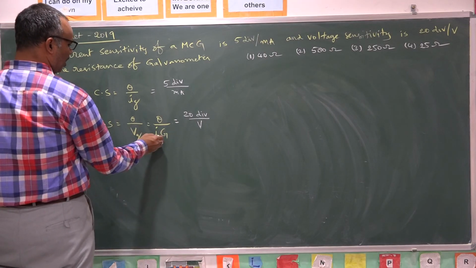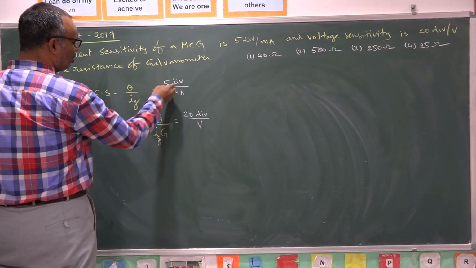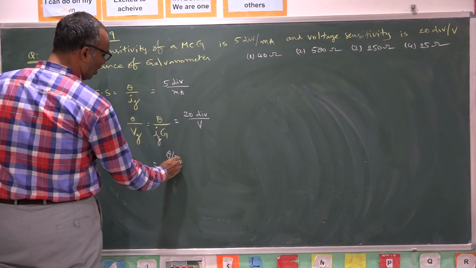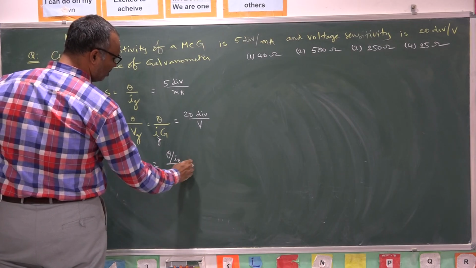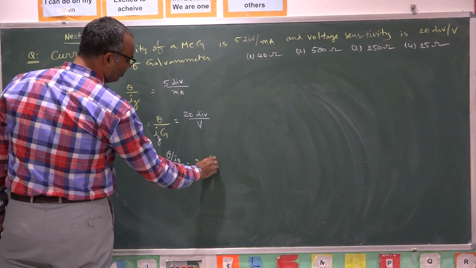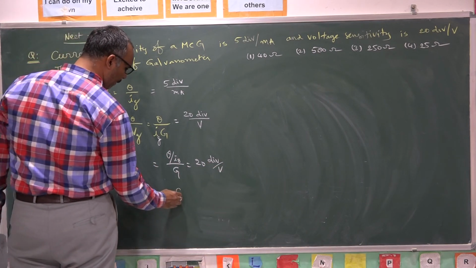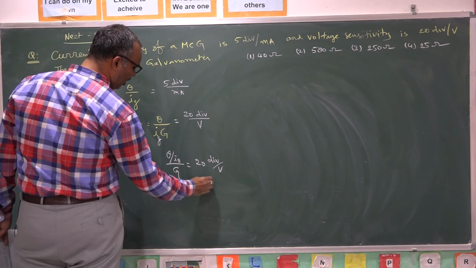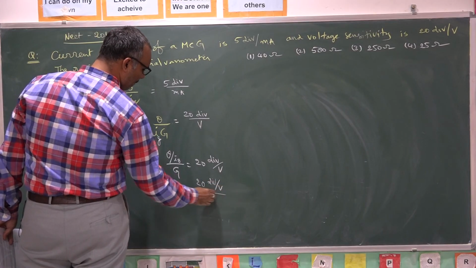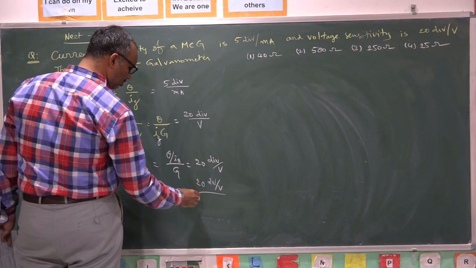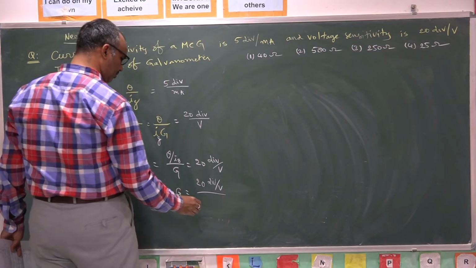So this is nothing but current passing through the galvanometer only. Theta by Ig value, you can substitute it here. Theta by Ig by G is equal to 20 divisions per volt. Then G is equal to 20 divisions per volt by theta by Ig.